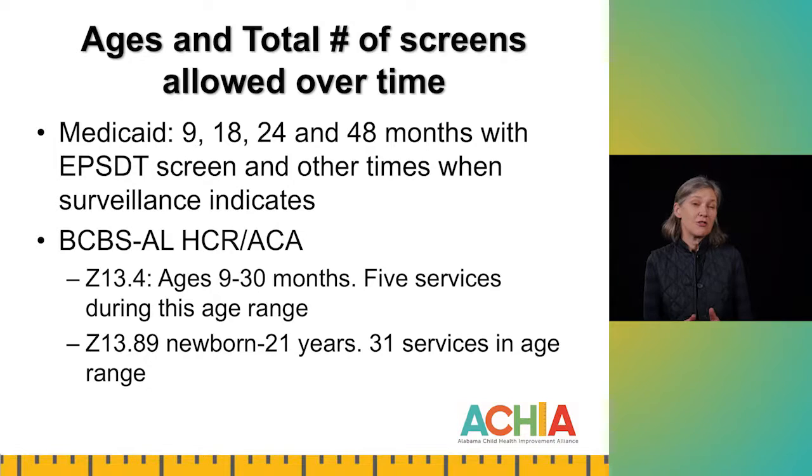If you're doing the ASQ-SE, for the Z13.89, you can do that anywhere from the newborn age up to 21 years of age, and there are a total of 31 units. Now, the reason there's so many is this code is used for more than social emotional screening. It's used for Vanderbilts, depression screens, and other screens as well.